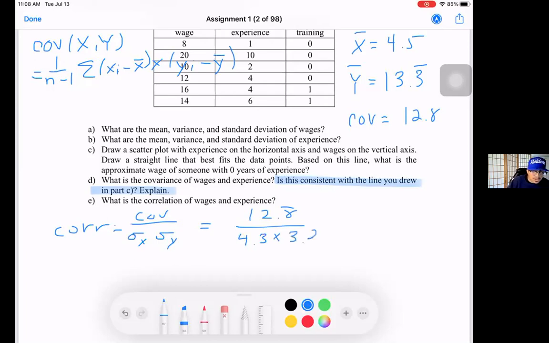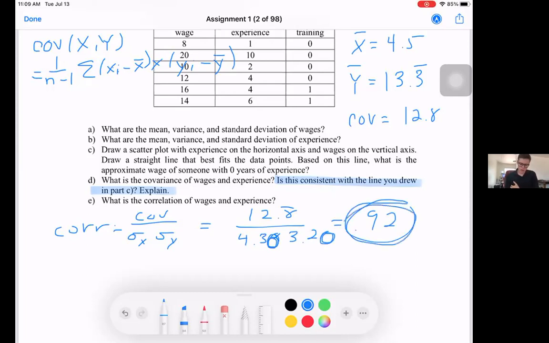Okay, does anyone have that handy? Let's see. 0.93. Yeah, I got 0.92, but it all just depends on how many decimal places you include, I think. So 0.92, 0.93, all that's good.